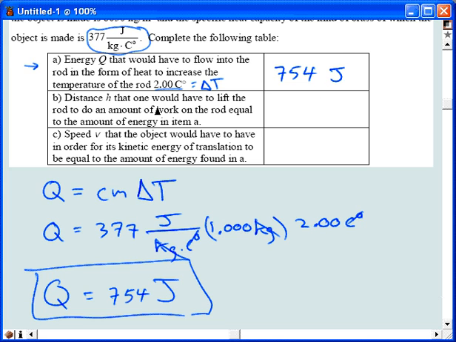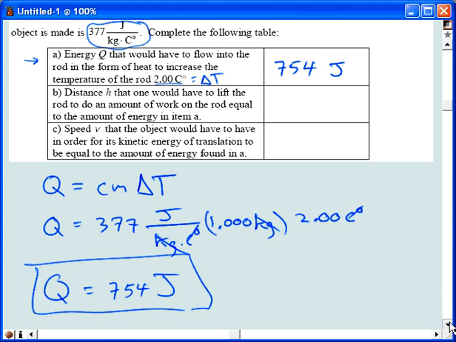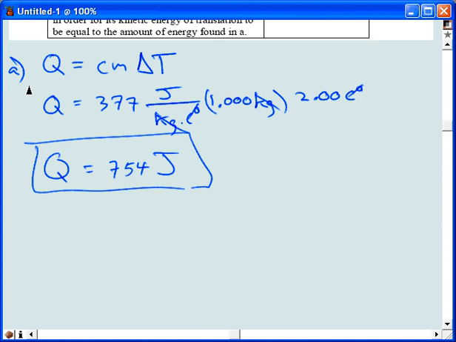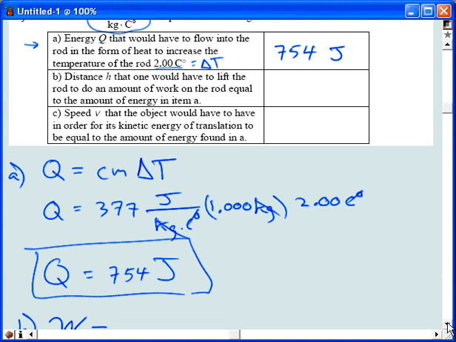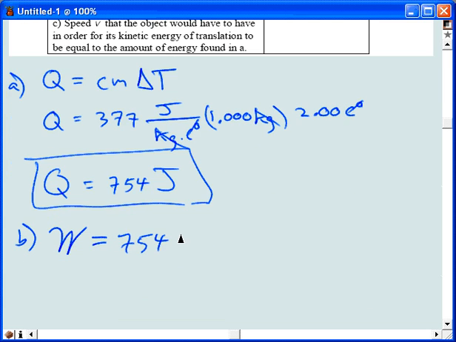And then the distance that one would have to lift the rod to do an amount of work on the rod equal to the amount of energy there. So this is like review of old stuff. That was part A. Part B, the work I would have to do is given as what we just found, 754 joules.